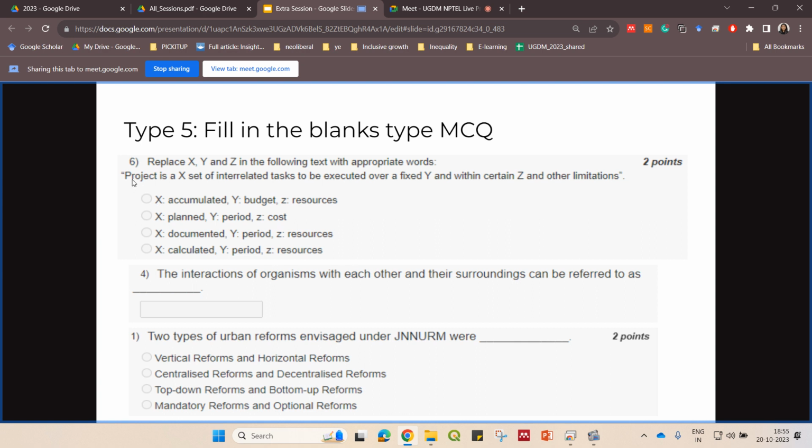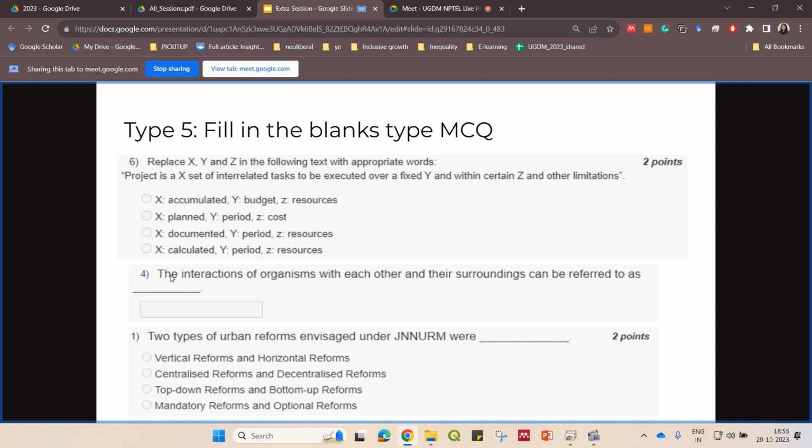For example, in this statement, project is a X set of interrelated tasks to be executed over a fixed Y and within certain Z and other limitations. So you have three spaces X, Y, Z which you need to fill, but instead of fill in the blanks, you've got options which you can select. So this is the common type which you have seen in your assignments.